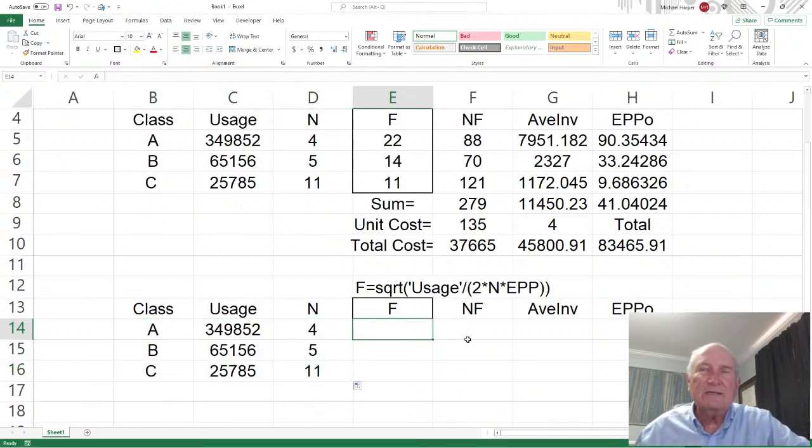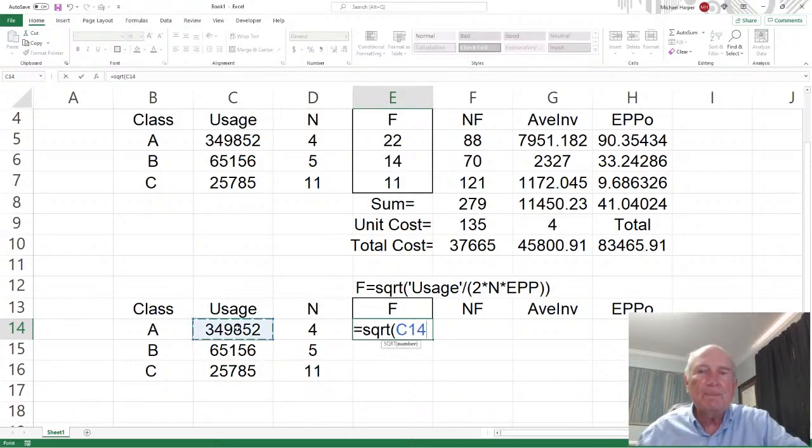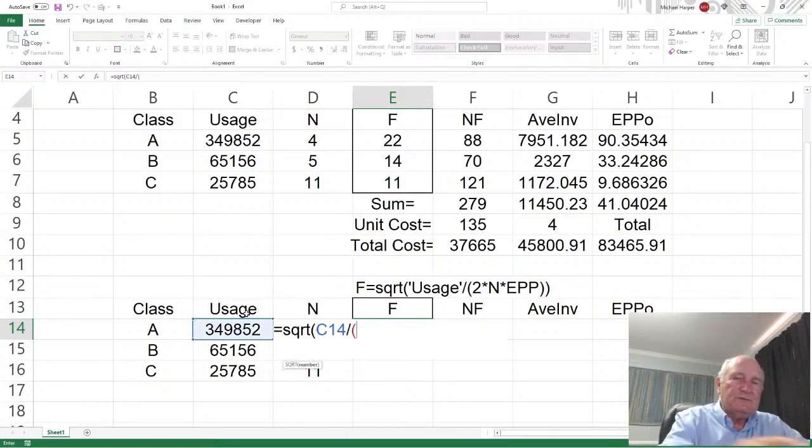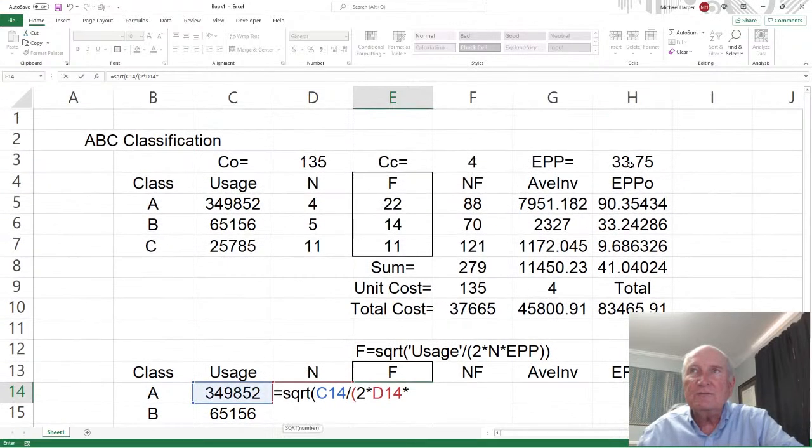Now let's get F. Okay, this is going to equal the square root of simply the usage divided by, open parenthesis, 2 times the frequency. I mean the number. It's going to be that right there times EPP, which is given right there, and I'll freeze that.